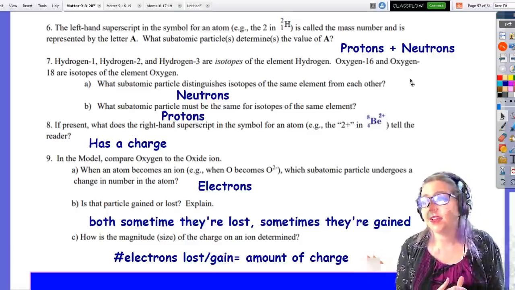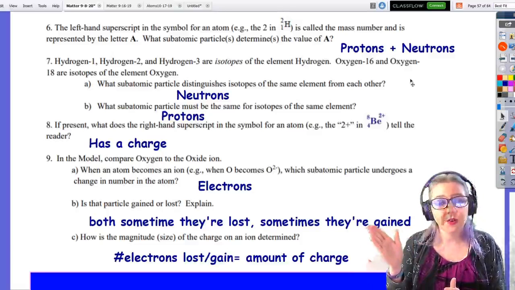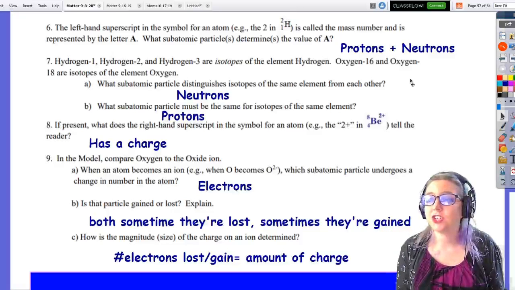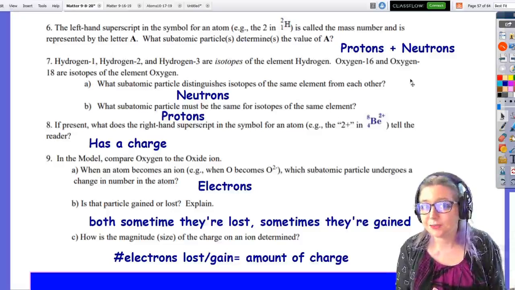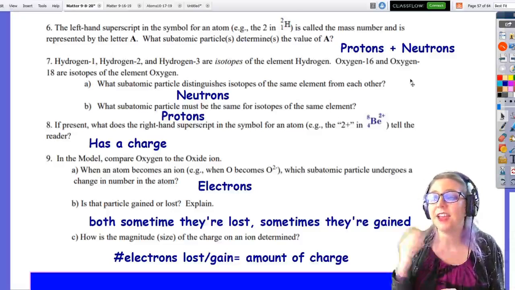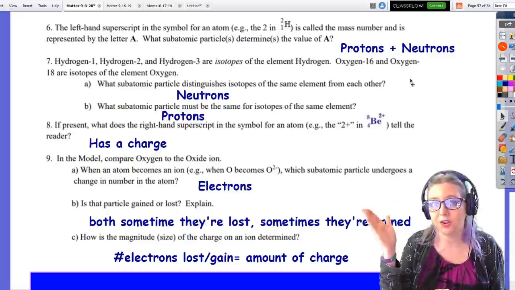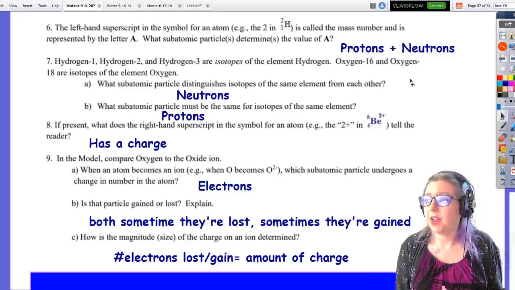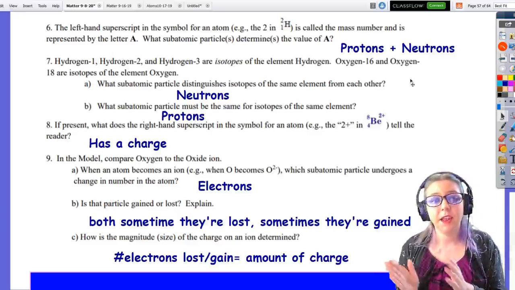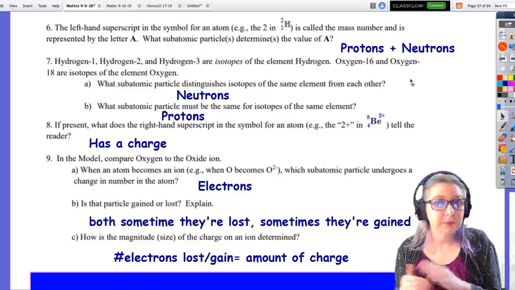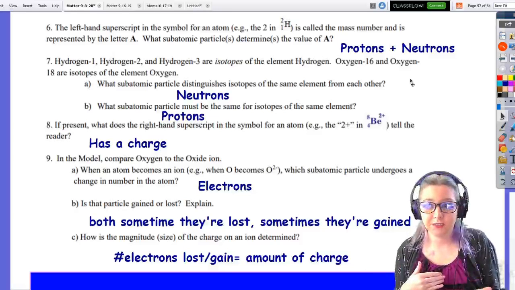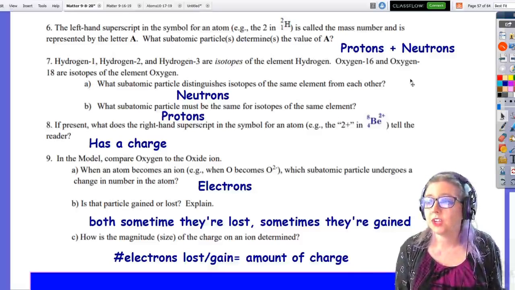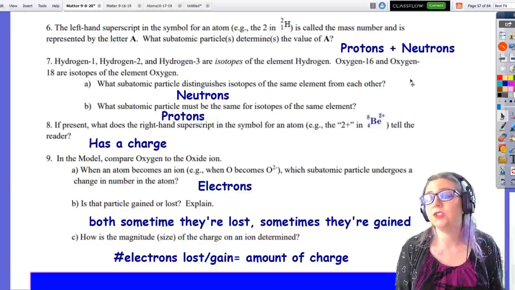Now, if someone has a symbol in the upper right-hand corner, that's called my charge. It tells me I have a charge if there is anything written in that top right-hand corner. If there is no charge, I just write nothing. But any charge, I have to write my number and the magnitude, the number, and if it's positive or negative. So looking again at oxygen and oxide, what changed between those two?